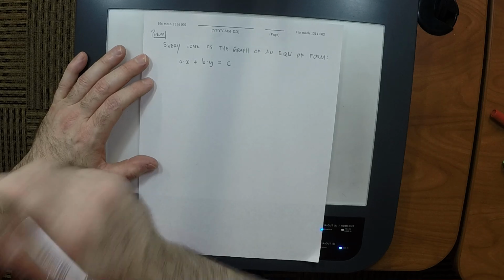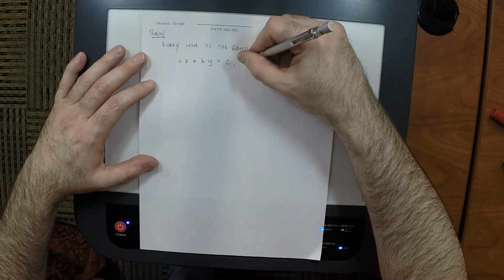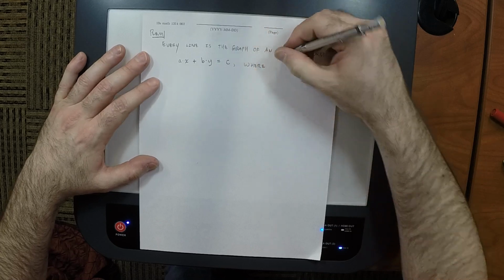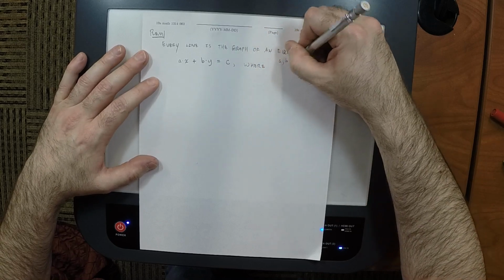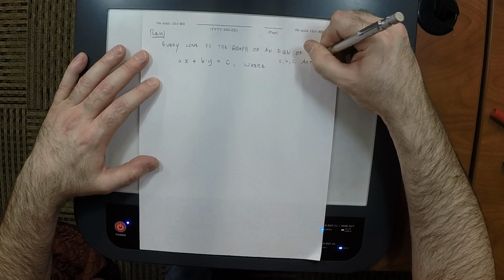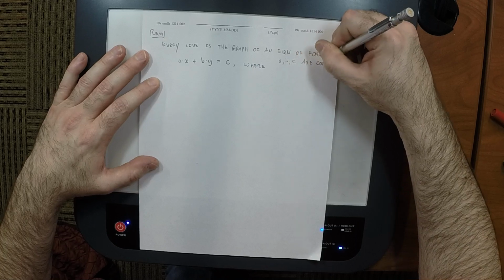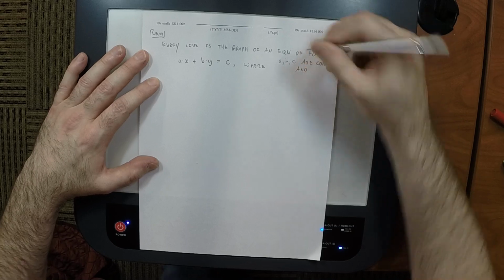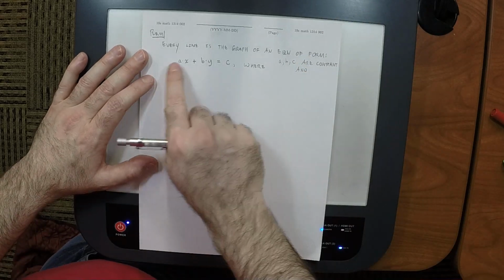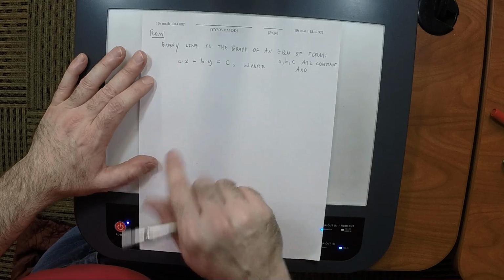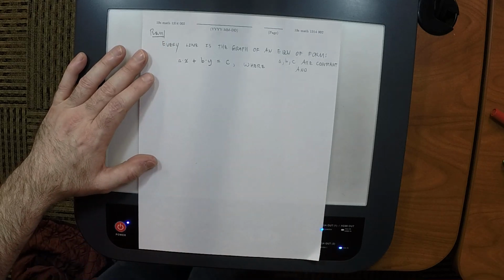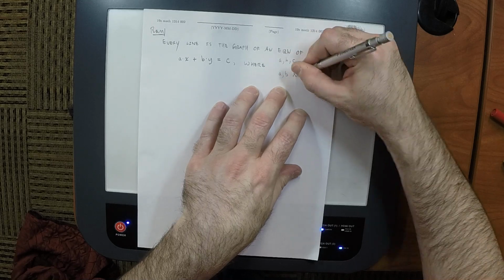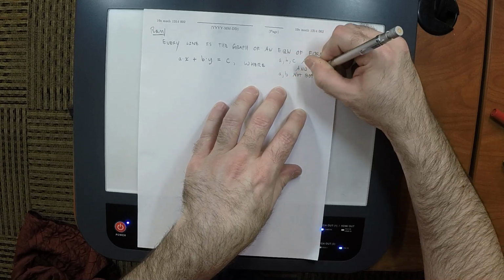And we've got a couple of requirements. Where a, b, and c are constants, so those are just some numbers, like maybe 2x plus 3y equals -8, something like that. And a and b are not both 0.